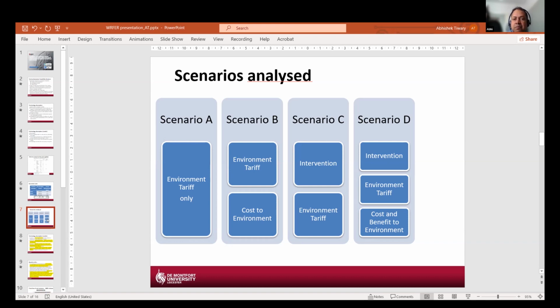So the company will still have to bear some cost for discharging it. That was scenario B. And then in scenario C, we had more active intervention in terms of how we reuse, and in scenario D, we had more application of the recovered water. That way we are saving some of their costs.